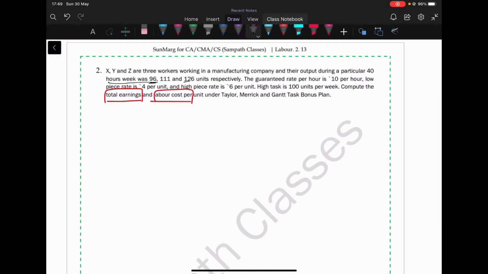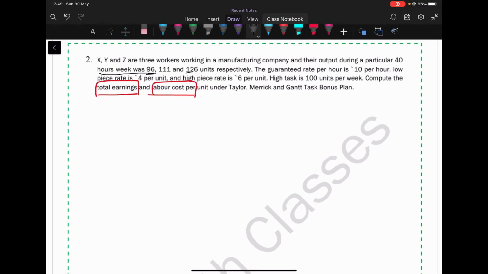For that, first we will write some working notes. What is the working note? Their output during the 40 hours week, I can say this is the actual output they produced.